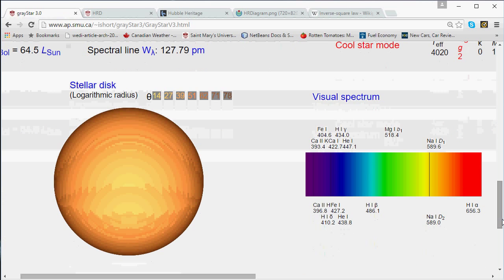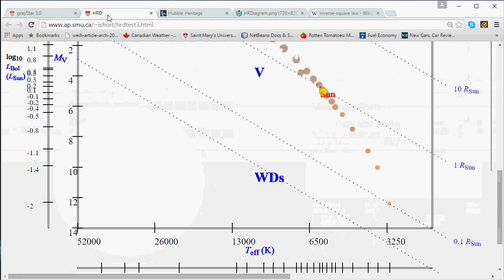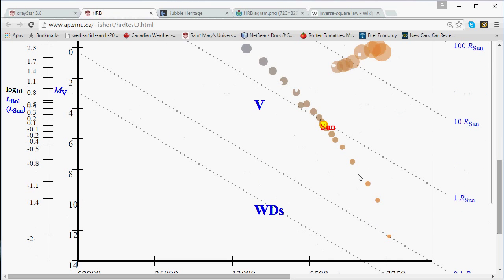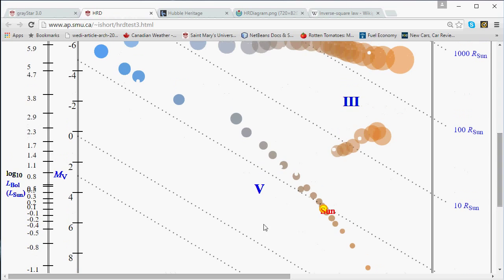And if it has a low value of surface gravity, that means that the star is not being very tightly compressed by gravity, that the star is able to puff up more, and so it has a larger radius. And so that tells us that the star belongs to the group of giants, or maybe supergiants, depending on exactly how narrow its spectral lines are. So by doing spectroscopy and looking at the width of the star's spectral lines, we can tell whether it belongs to luminosity class 5, 3, or 1.